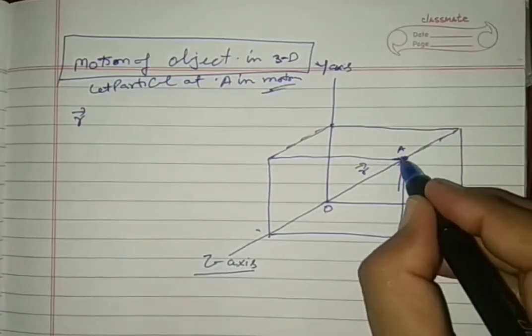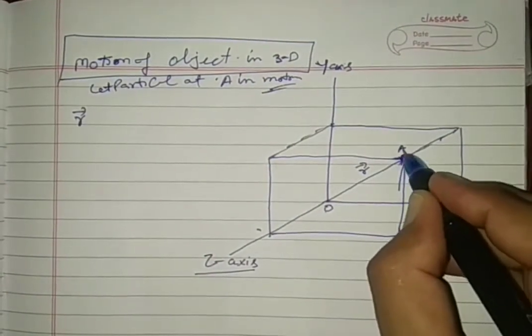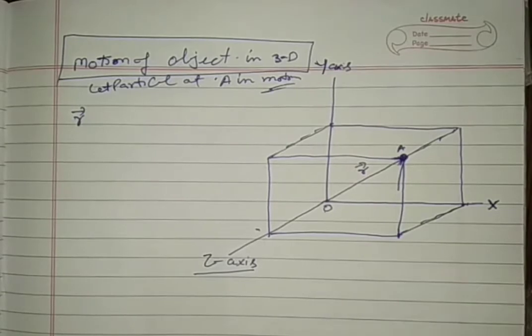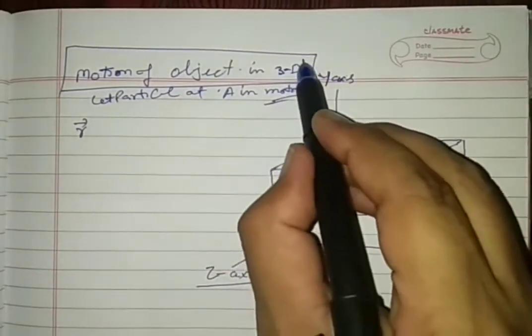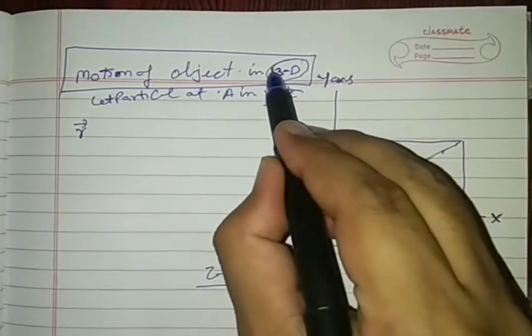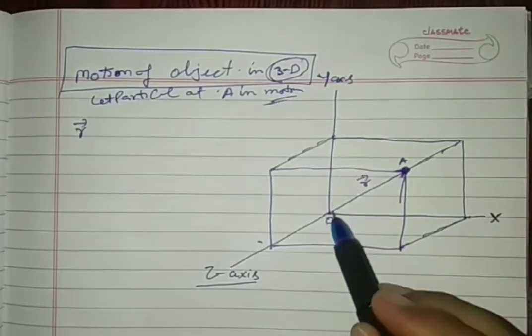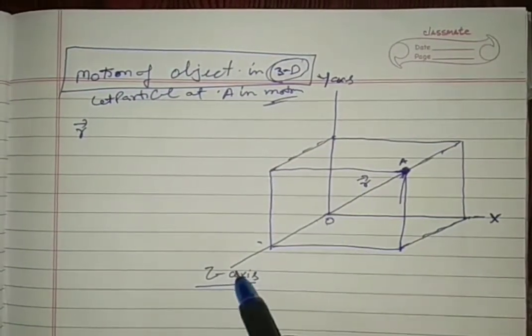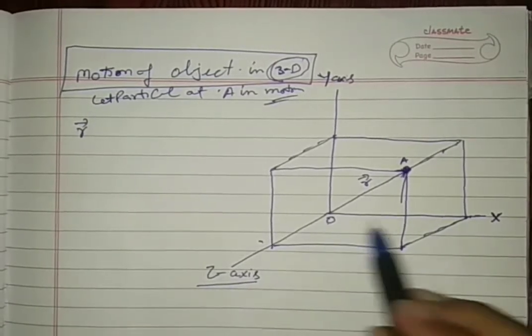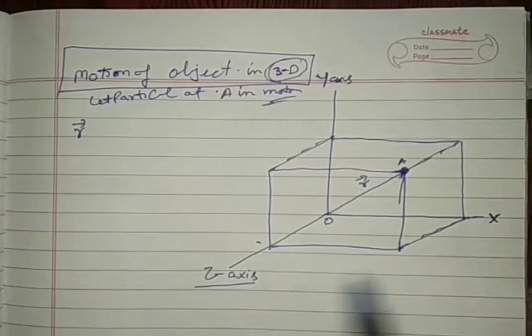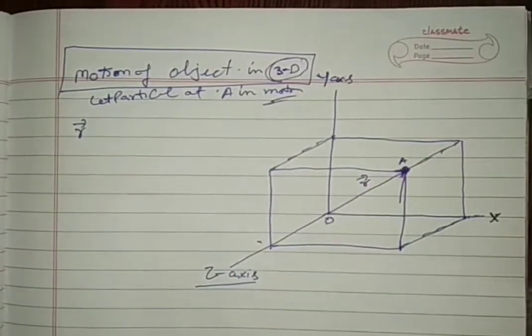If particle A is here and it is in motion, this motion we are going to understand in 3 dimensions. So to understand it in 3 dimensions, I draw here a 3-dimensional frame of reference OX, OY and OZ along the X, Y and Z axes.